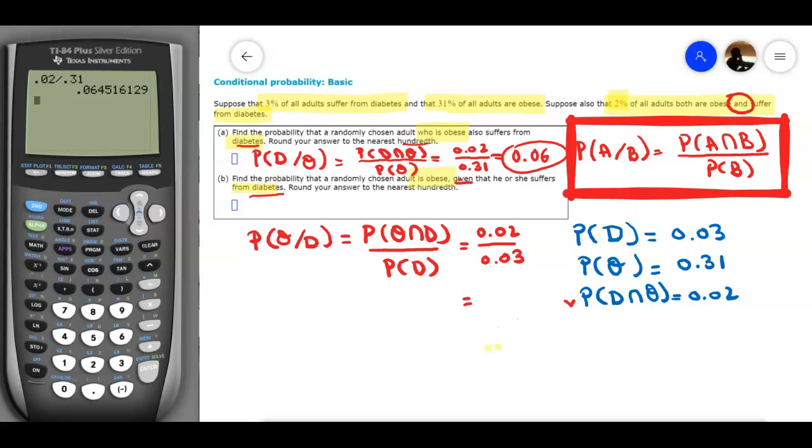Let's apply it: 0.02 divided by 0.03 gives you 0.6666, and you want to round it to the hundredth, so this is going to be 0.67. That's the second answer, and that's all.